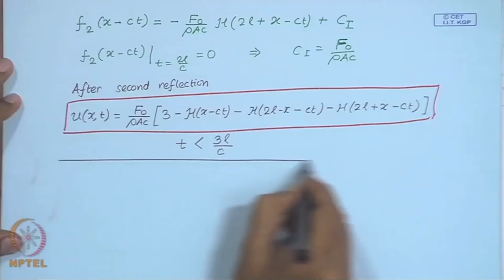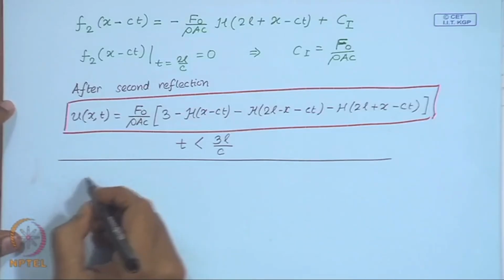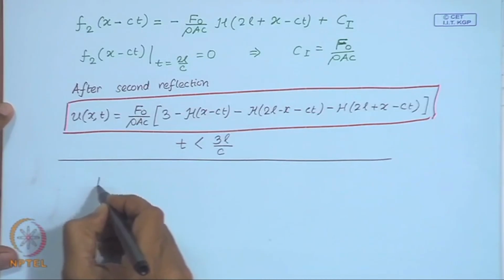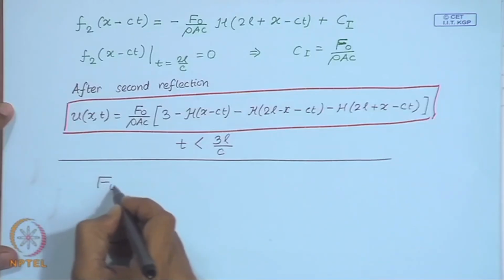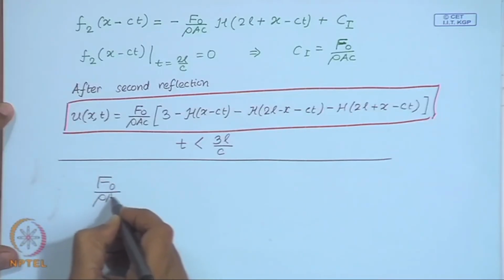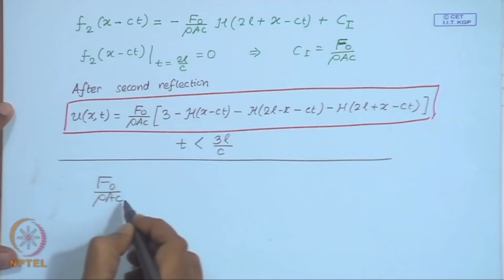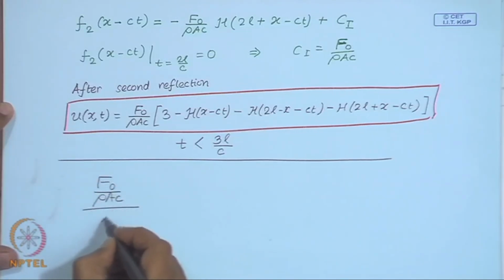Now, if you do a little bit of calculation further over this, then you see the whole bar shifts a distance. So, this is the distance travelled in time L over c.